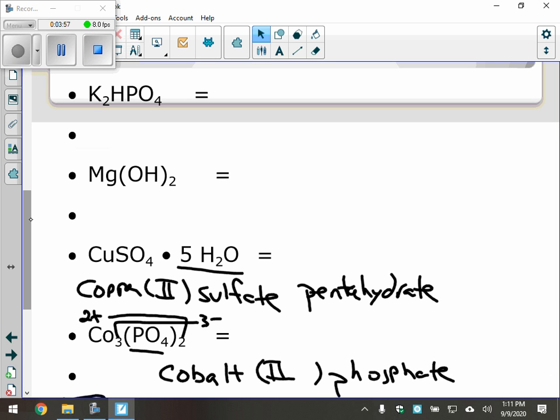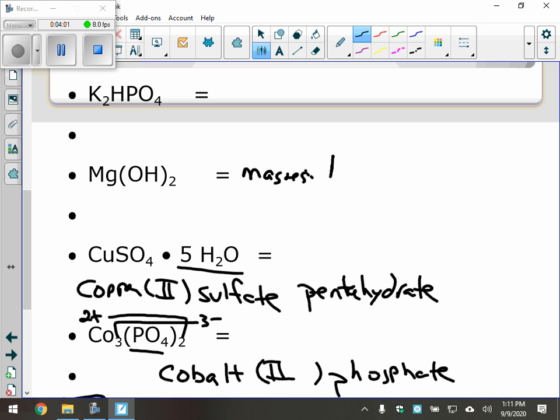If you remember this one here, I had it in the last one, but magnesium hydroxide, right? Oh man, magnesium hydroxide. Okay, don't forget, if you notice there, it's OH and then there's brackets, right? So on the first worksheet I gave you yesterday, there's one at the very top.